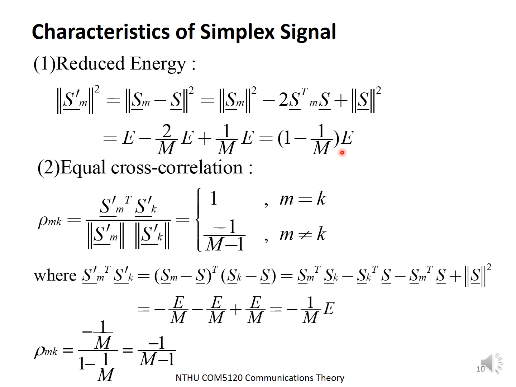So the reduced energy is actually the main motivation of doing simplex signaling. Remember, in bi-orthogonal signaling, the energy is increased, so there is higher power consumption due to the increased energy.